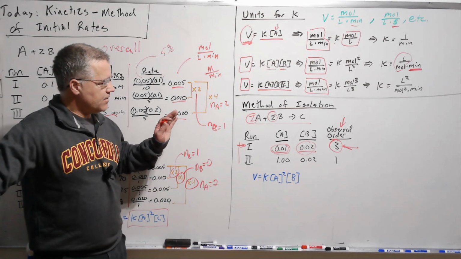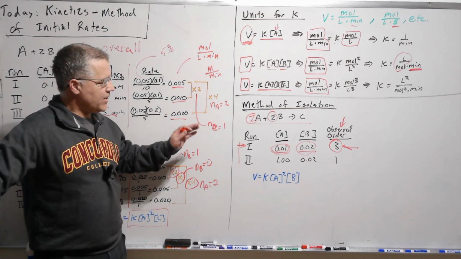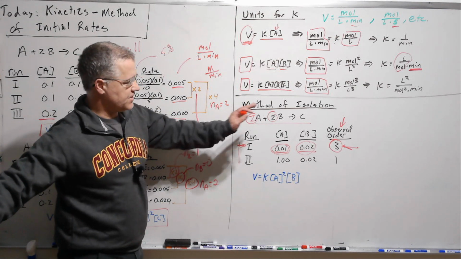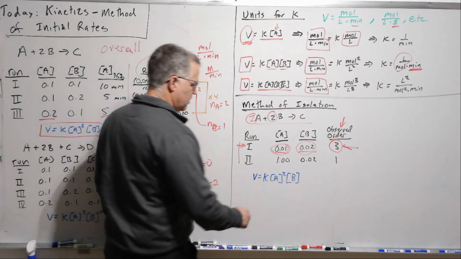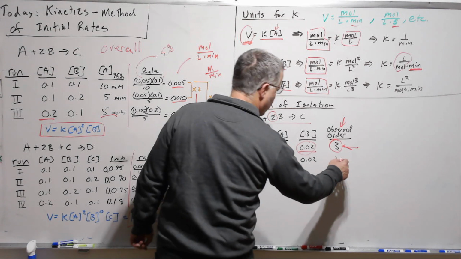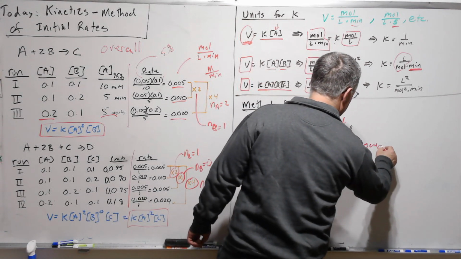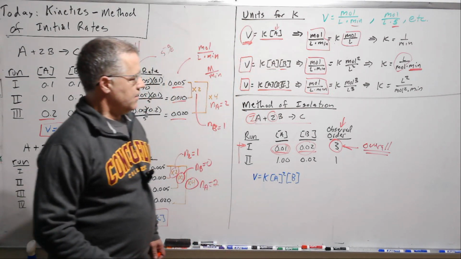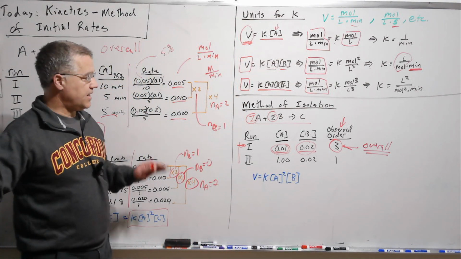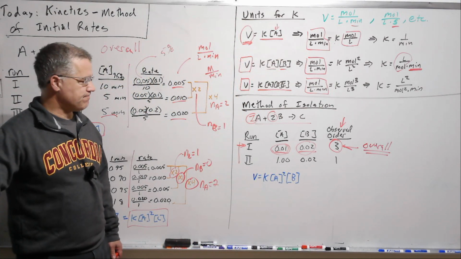Again, why is it 3? We wouldn't see that from these data. That has to come from a separate experiment. And so this will be our overall order, because A and B are in stoichiometric amounts.